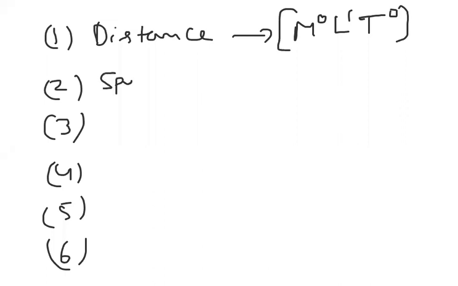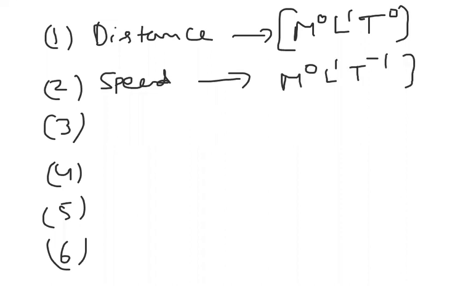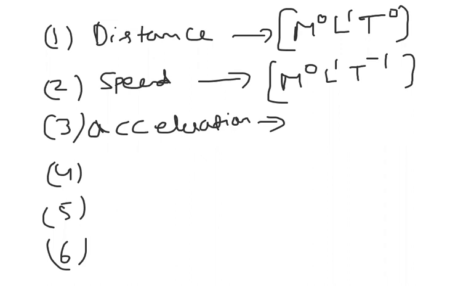Next, speed or velocity, dimensional formula M0 L1 T power minus 1. Speed and velocity are the same. Now acceleration or acceleration due to gravity is M0 L1 T power minus 2.